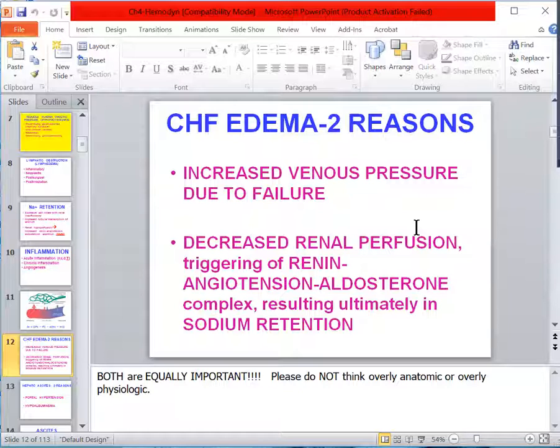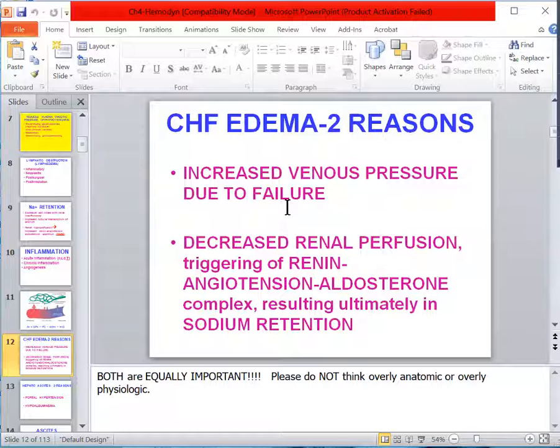That's a really great principle, and that's another Starling law of the heart. But if your heart fails, it cannot pump out the venous blood that is given to it, and therefore there's an increase in venous pressure. Now think about it.